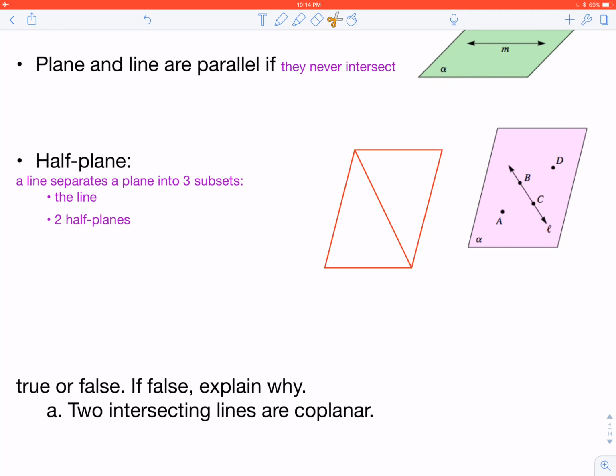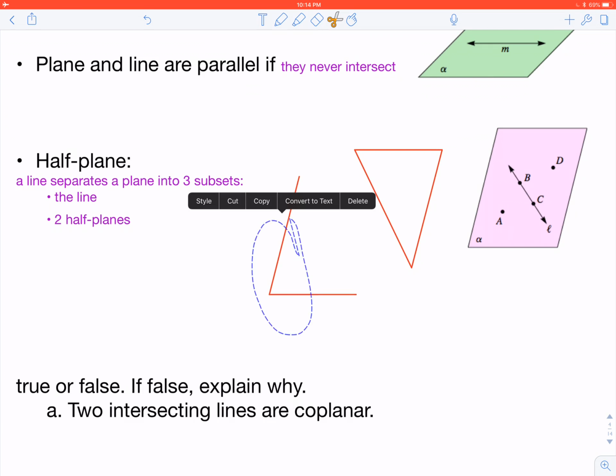Let's say that this right here is half of a plane, and then I have a line that is separating these two half planes from each other. And the other half plane would be this guy in here. So now if I could just pick these apart so you can see what I'm talking about.